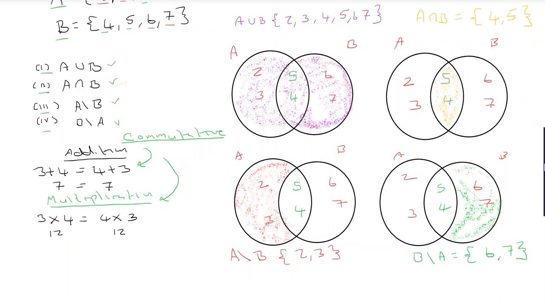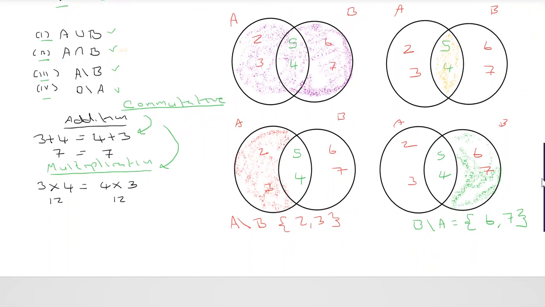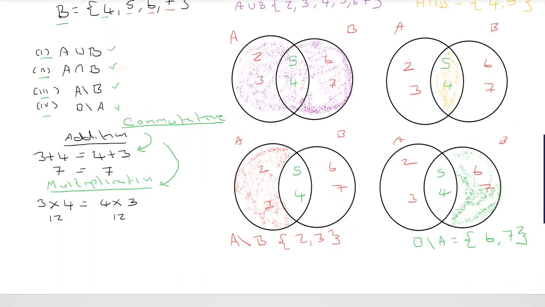Now let's move down a little bit. If we look at subtraction on the other hand, let's say 6 minus 2 is not equal to 2 minus 6. So these are not equal to each other.